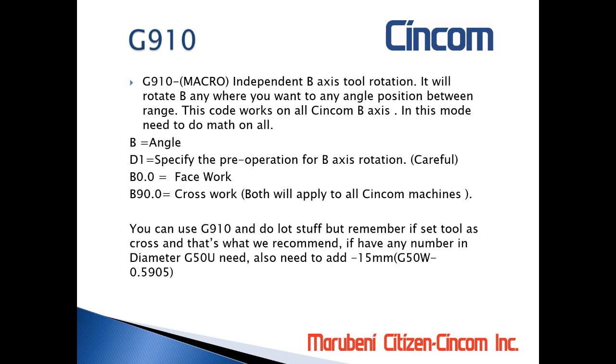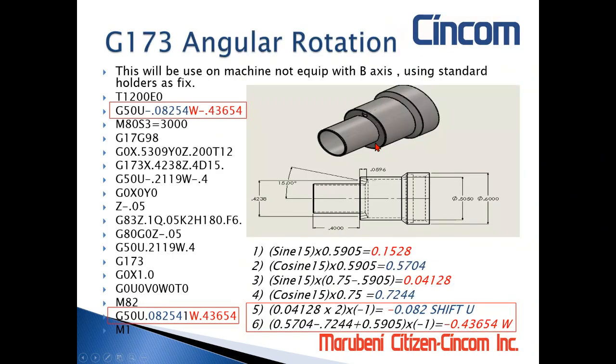So I'll explain. The G173 was an example of not using the B-axis. And when you use that code, you have many choices. You could just start programming with the hard numbers, but at a rotated angle. And many programmers, including most of MCC, would like to turn that point into 0, 0.